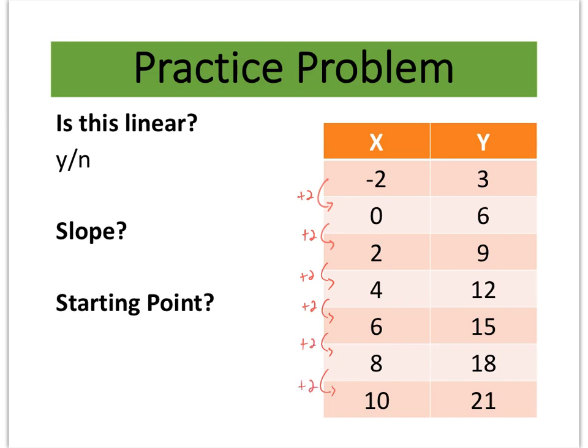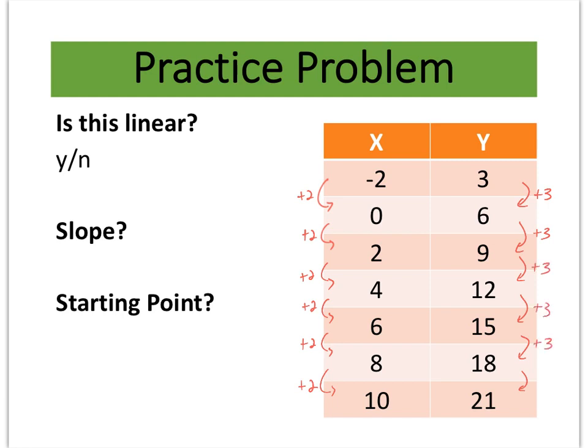It's got to be consistent adding or subtracting of a linear function on the right side. So my change in y, how is the right side changing, and is it changing consistently? 3 to 6 is +3. 6 plus 3 is 9. Okay, this is starting to look good, but I've got to check it all.